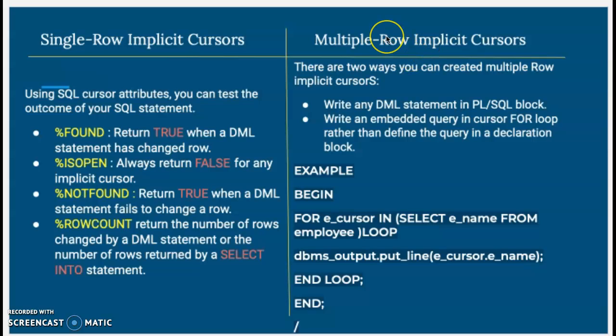In multiple row implicit cursor, there is no restriction on the number of rows returned by the underlying SQL statements. Cursors for loop embedded with the query.